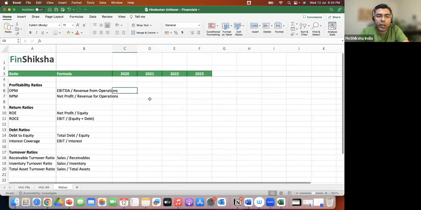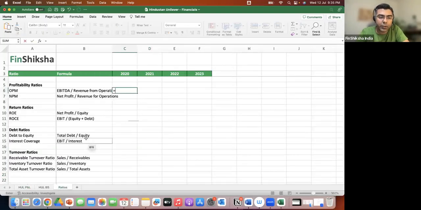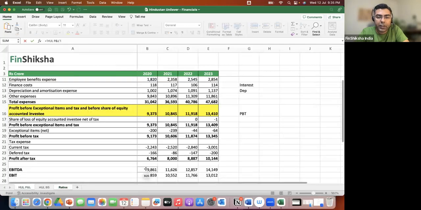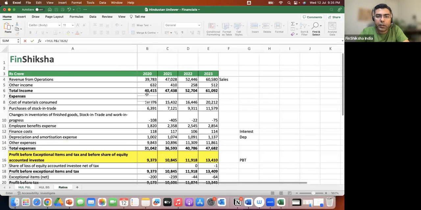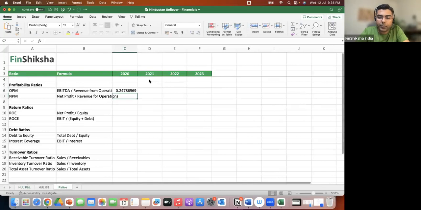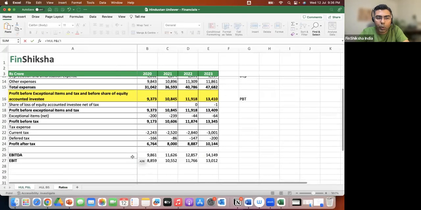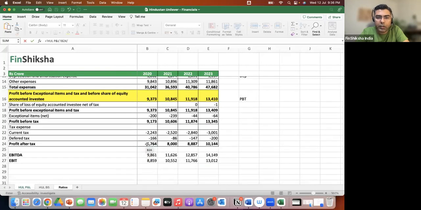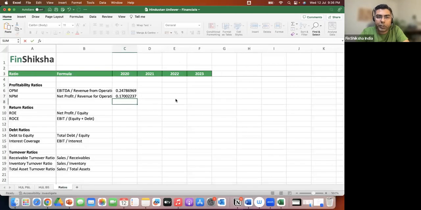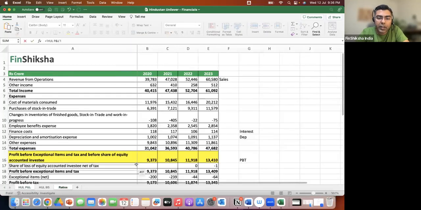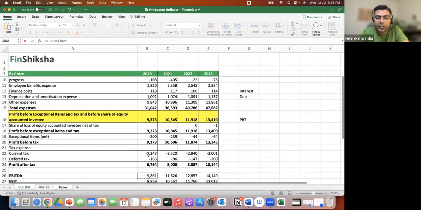Let's quickly calculate the ratios and look at something interesting here. So EBITDA is here, divided by revenue from operations, that's this. I'll change them into percentages as we go along, so we'll format that. Profit after tax for the year divided by revenue from operations, that's here. Return on equity is net profit, final profit after tax, that is 6764 for this year, divided by equity.